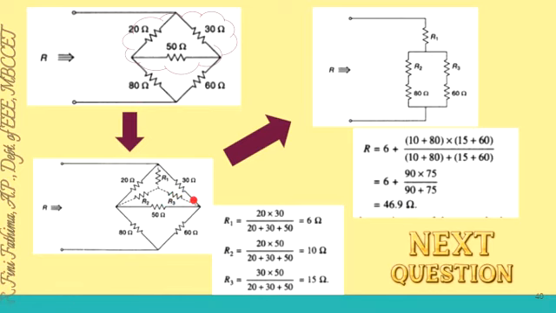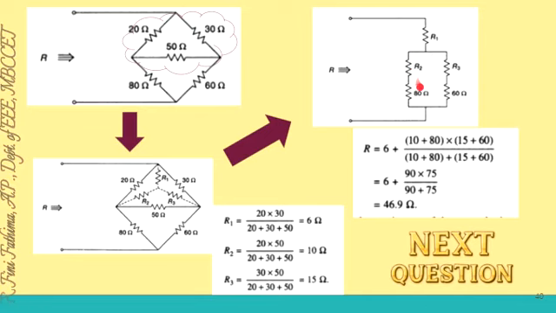Now, our next step is to redraw our circuit. We are going to omit 20, 30 and 50 and redraw our circuit with R1, R2 and R3. I have drawn from this terminal R1, then R2.